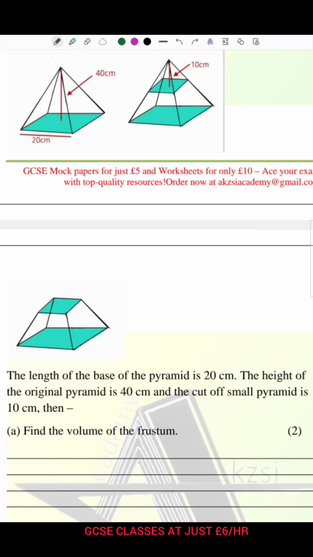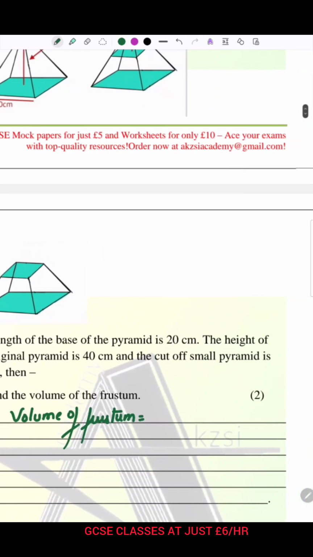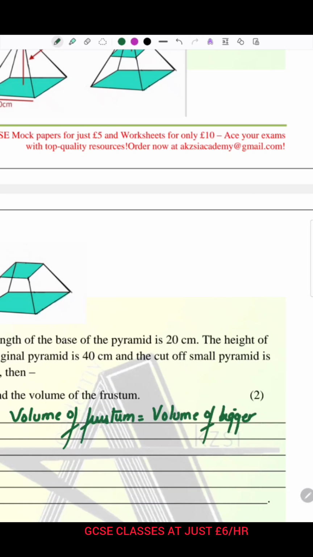I'm starting with finding the volume of the bigger pyramid. The formula is always 1/3 times area of the base times height. So volume of frustum is volume of the bigger pyramid minus volume of the smaller pyramid.